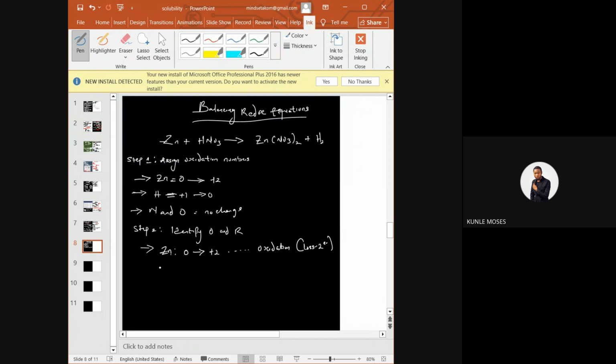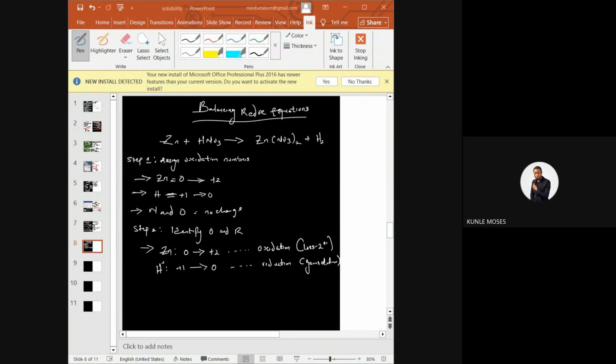And hydrogen from +1 gains 1 electron to become 0. That's reduction. Gains electron. Gift, do you get it? Oh, I should come again.